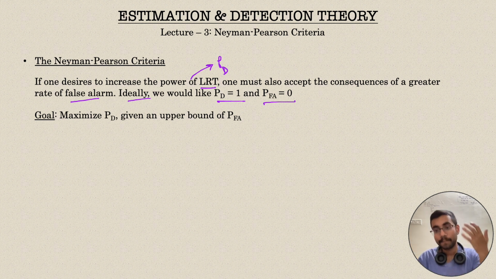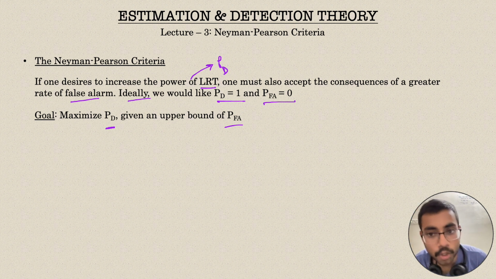What the Neyman-Pearson criteria is about is a mathematical expression where the goal is to maximize the detection probability where we have an upper bound on the false alarm. That means given a rate of tolerance, we want to maximize the probability of detection. Okay, this is our problem statement. Now we are going to solve this.